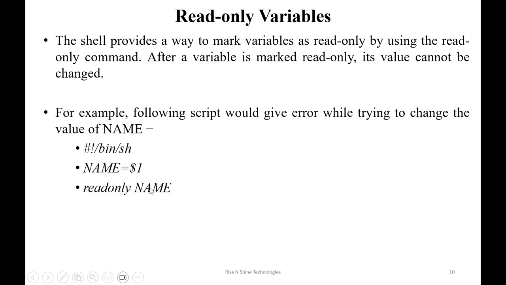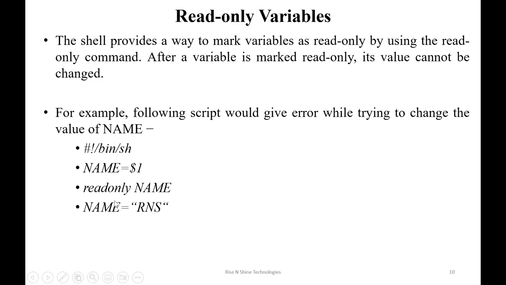After marking it read-only, you cannot reassign a value to the variable, so this line throws an error. You marked it as read-only, but you are trying to write the value of this variable, and it doesn't accept it.